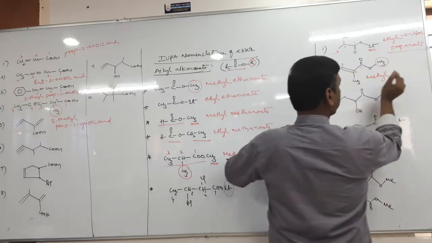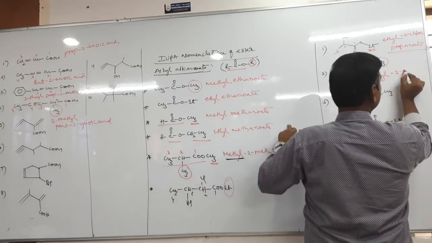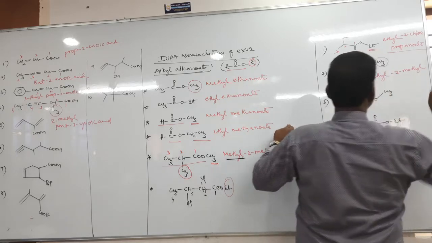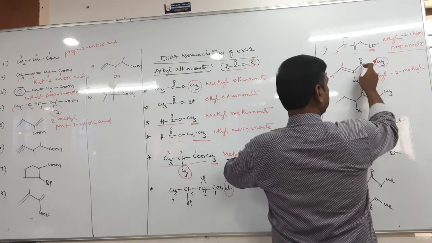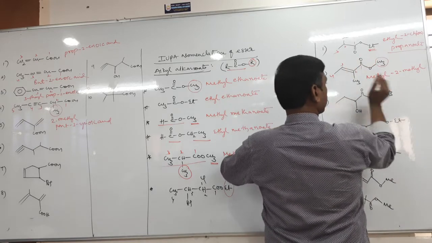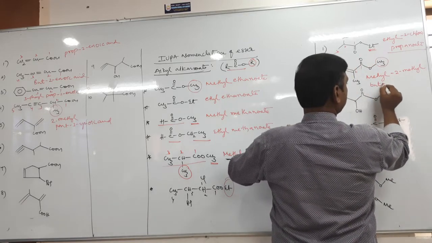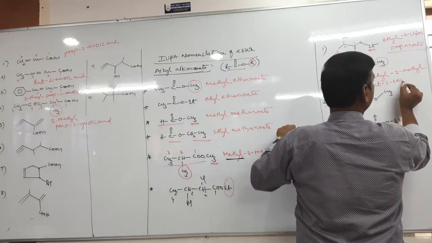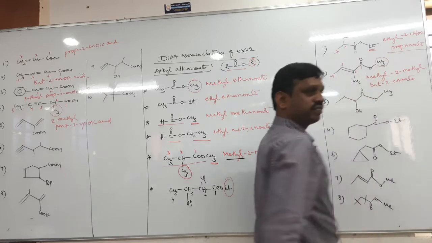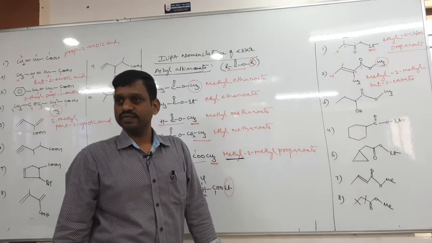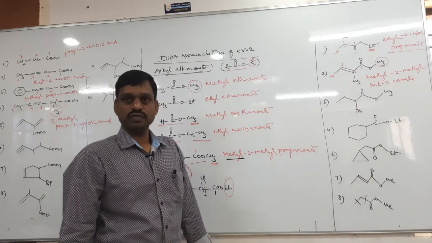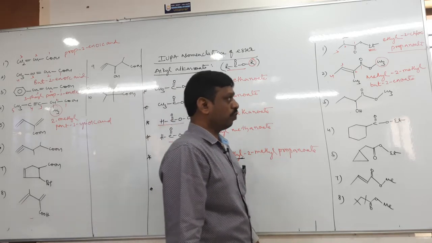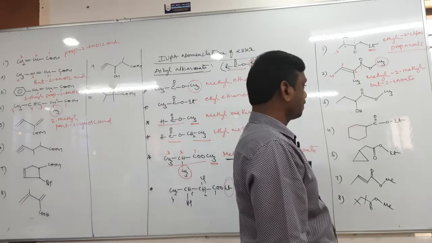Tell me which methyl? 2 methyl. It is a butenoate, with the double bond at position 2.